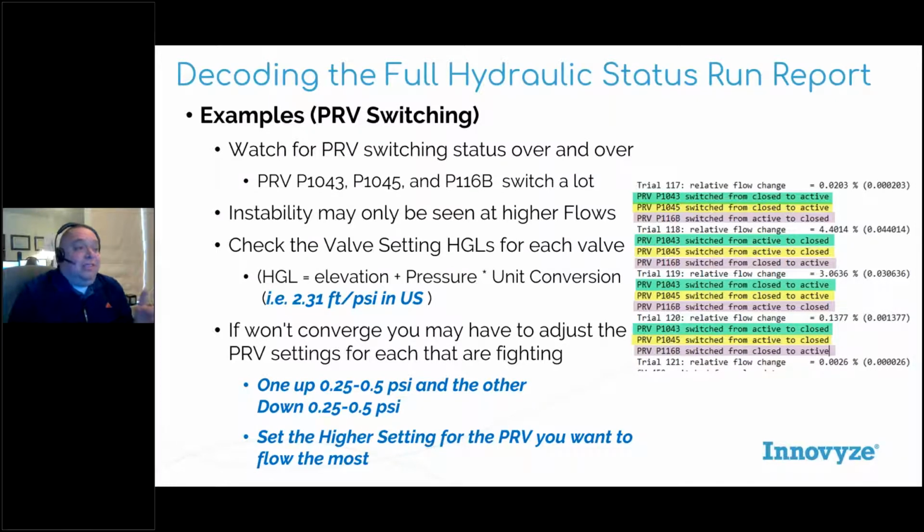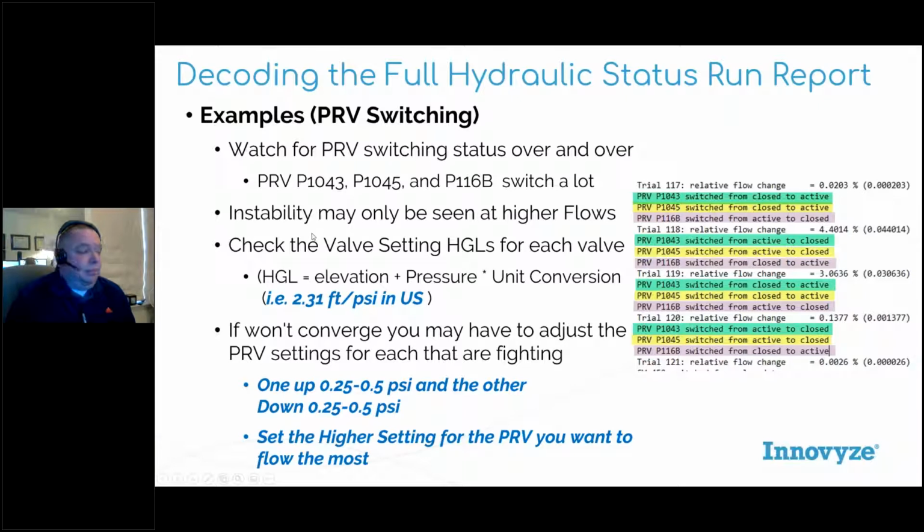And if you looked at those 3 valves and converted their pressure settings to HGLs, I need to know the valve elevation and their pressure settings so I can come up with those HGLs. I can see whether they are too close, and how I might be able to separate them.